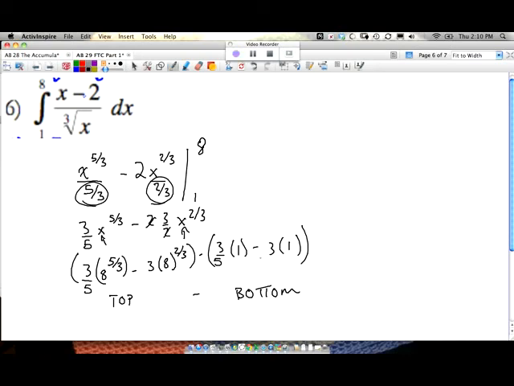Okay, a couple of quick notes here. 8 to the 2/3 was really 2 squared, 4, so that's 3 times 4. And then we still got this 3 times 1. And I'm not going to simplify a whole lot because this 3/5 and this 3/5 will actually help me combine like terms there because they both have a denominator of 5. 8 to the 5/3 we figured out was 24.